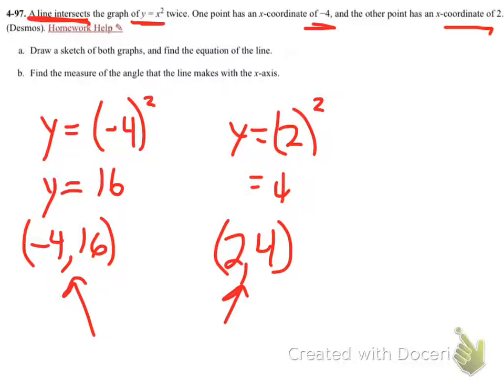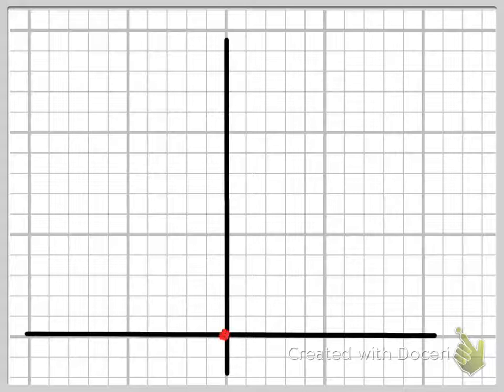So if we make a graph of that, our parent function is going to look something like this.